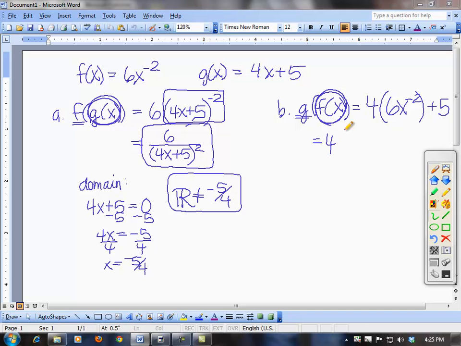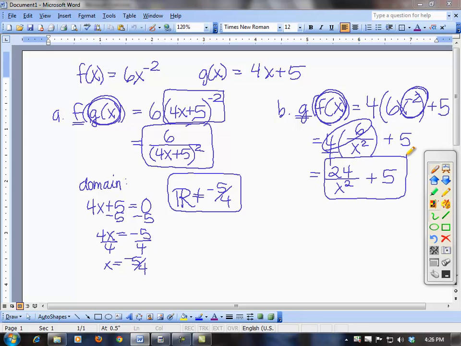The 4 stays outside. The x is the only thing that's getting that -2 power. So it's 6 over x squared plus 5. And if I do this 4 over 1, I know that 4 times 6 is 24 over x squared plus 5. Here's my composite.